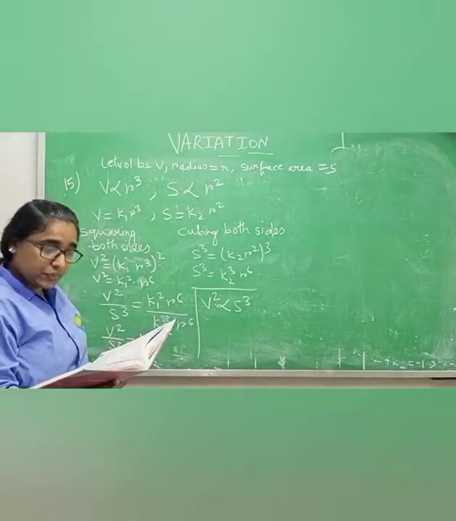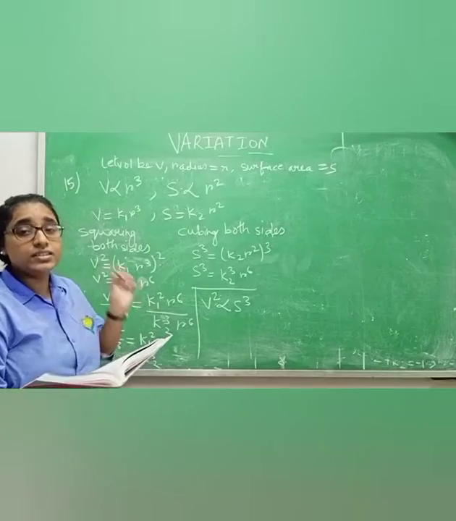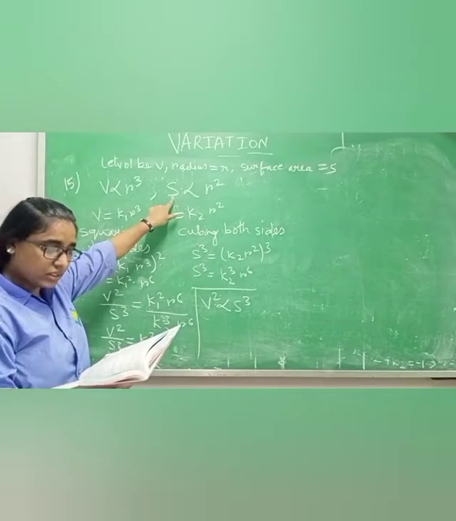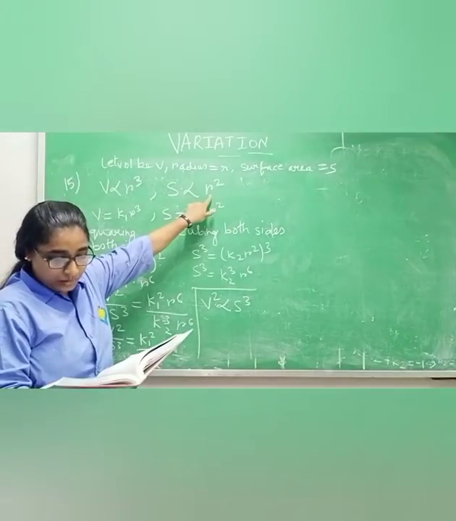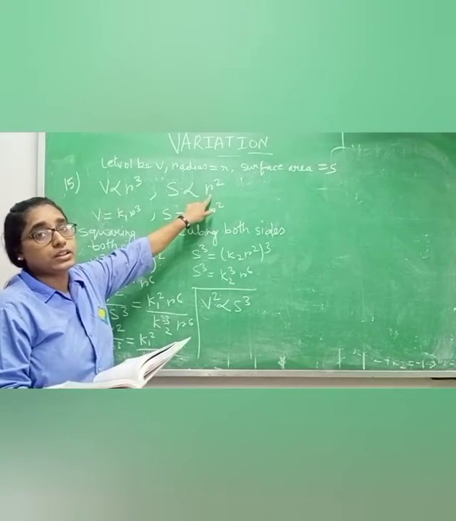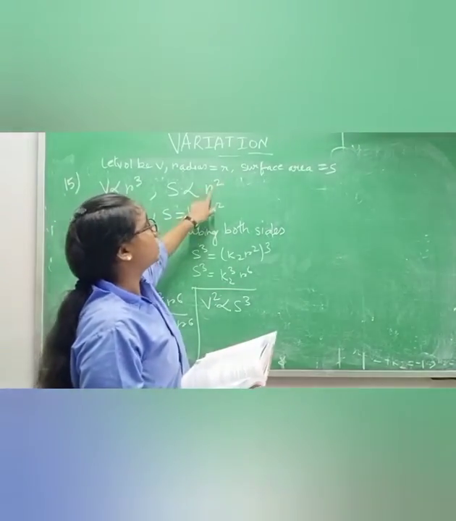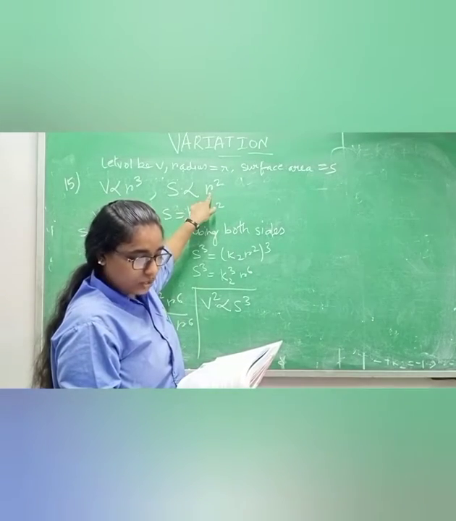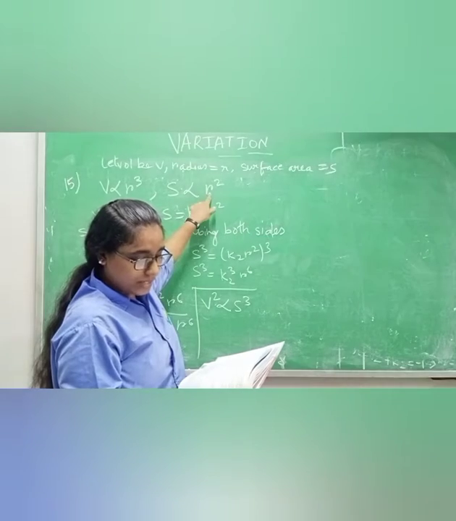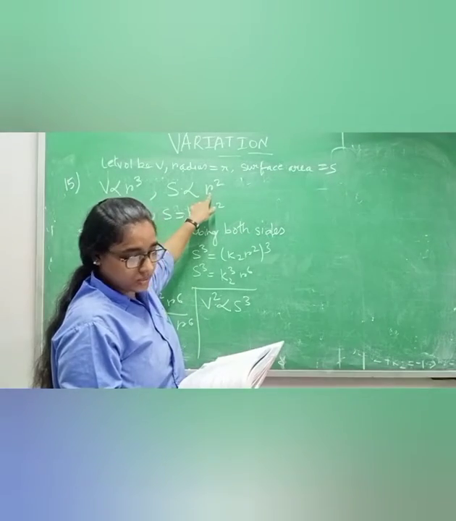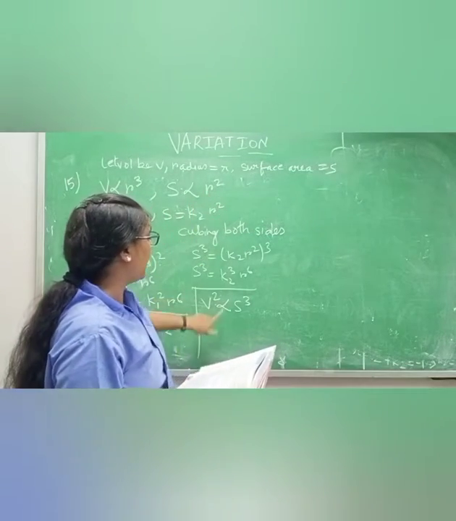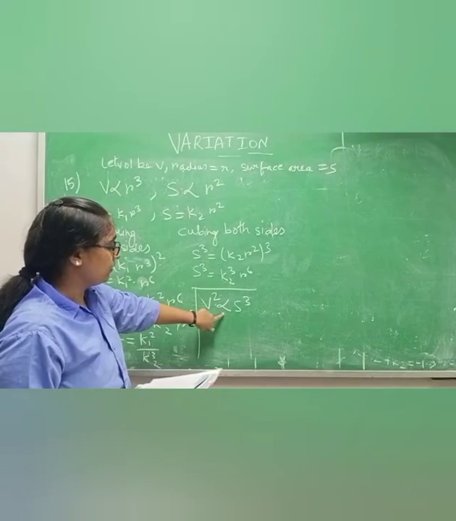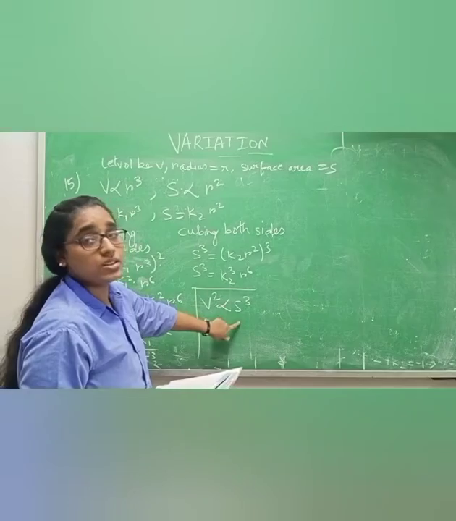And surface area S of a sphere varies directly with the square of length of radius. They are asking us to prove that the square of the volume of a sphere varies directly with the cube of its surface area.